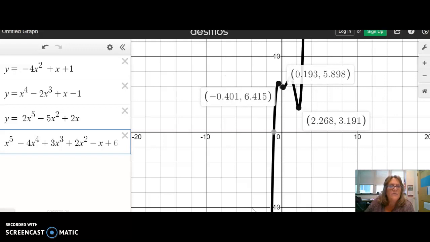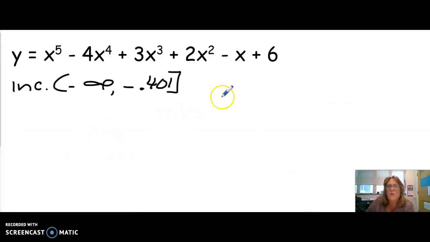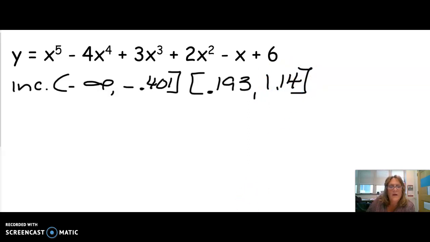0.193 to 1.14. May not be copying that right.